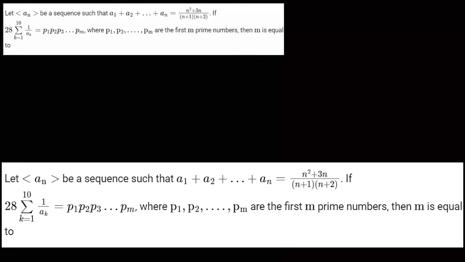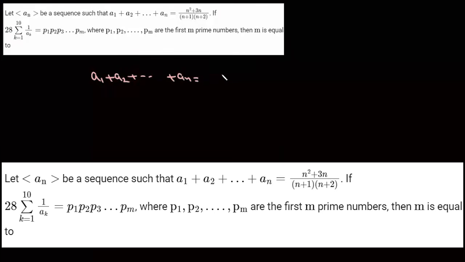Now here the question is, we are given that let an be a sequence such that a1 plus a2 up to an, it is n square plus 3n upon n plus 1, n plus 2.